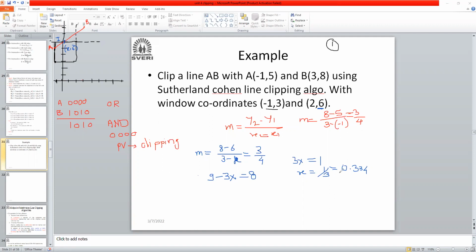I am going to remove the line from this point of intersection to this point B. So I am going to eliminate this and I am going to display only the A to I line. So this is achieved with the help of Sutherland-Cohen line clipping.